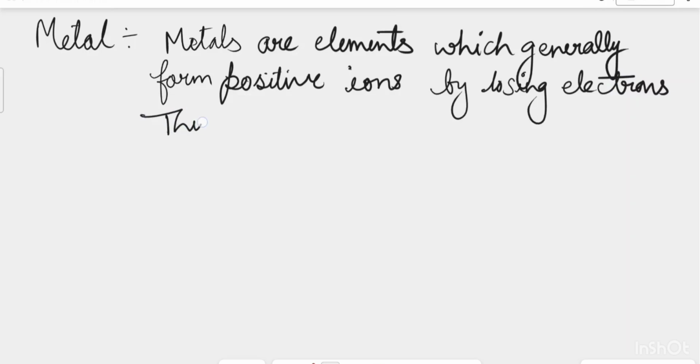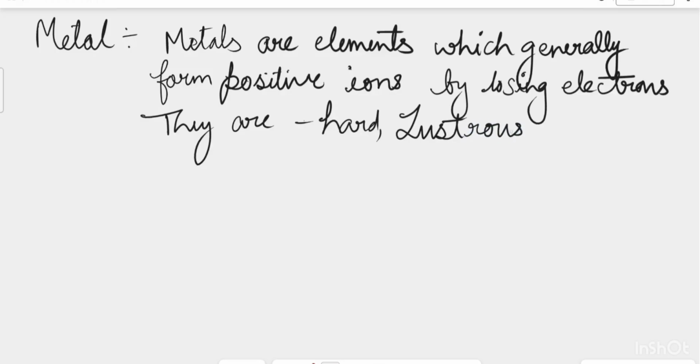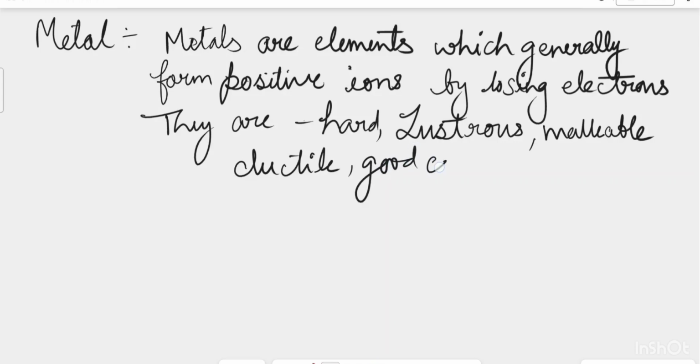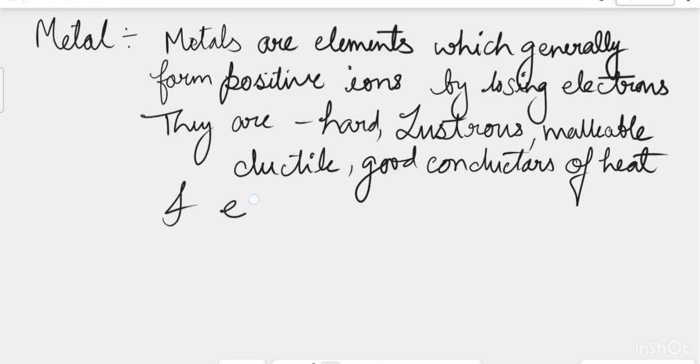They are usually hard, lustrous, malleable, ductile, good conductors of heat and electricity.